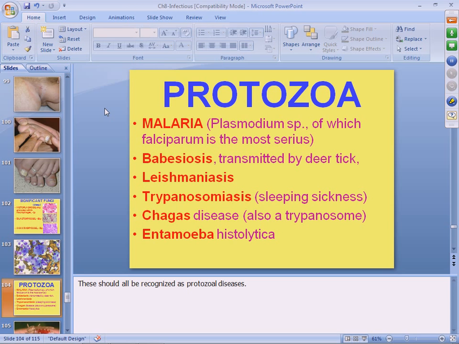We'll talk about the life cycle and the identifying features in the lab, how to separate one of the 4 species from the others. We mentioned before another protozoal disease called babesiosis. I'm sure you may have heard of that. We're not going to say anything more about it.